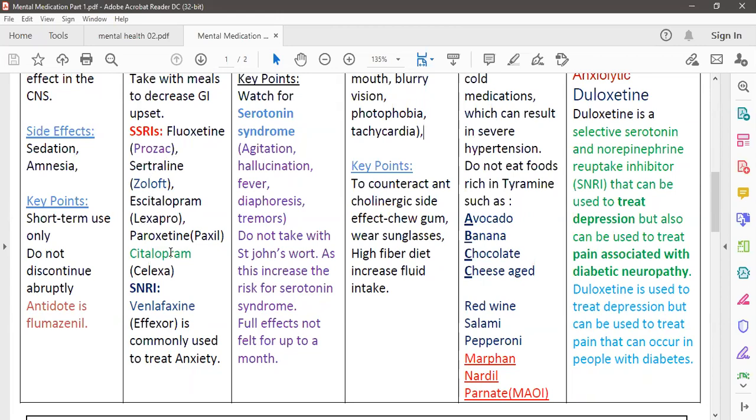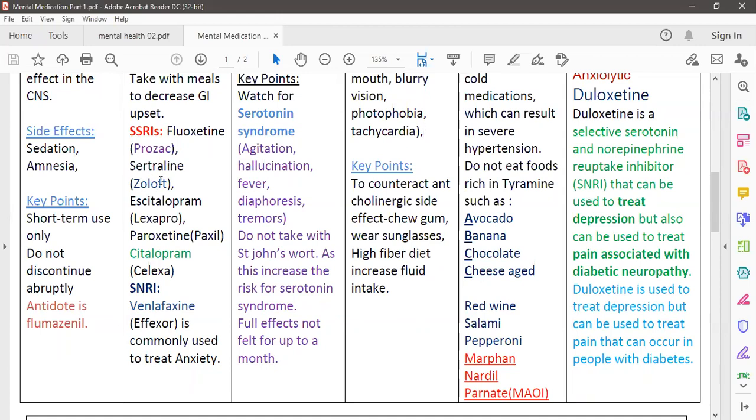So after taking citalopram, tell your patient not to drive or do heavy machinery work, right? Zoloft, or sertraline, is an SSRI. It is good to give in the evening, and it cannot be given with alcohol.